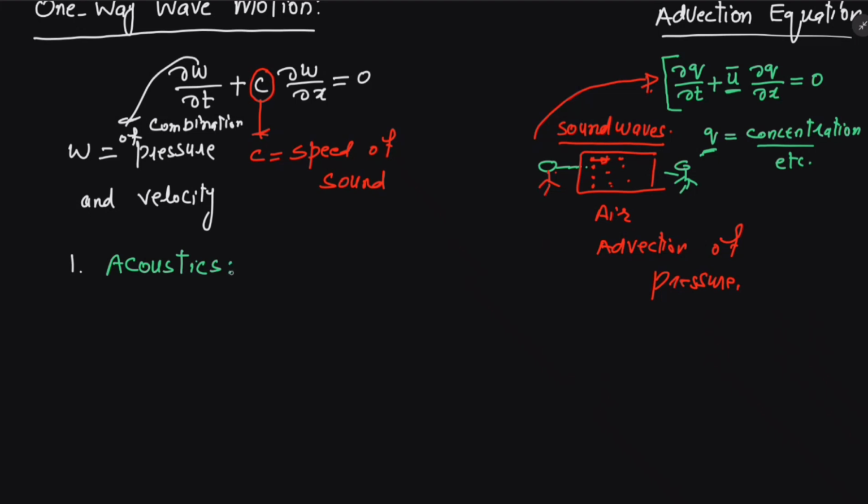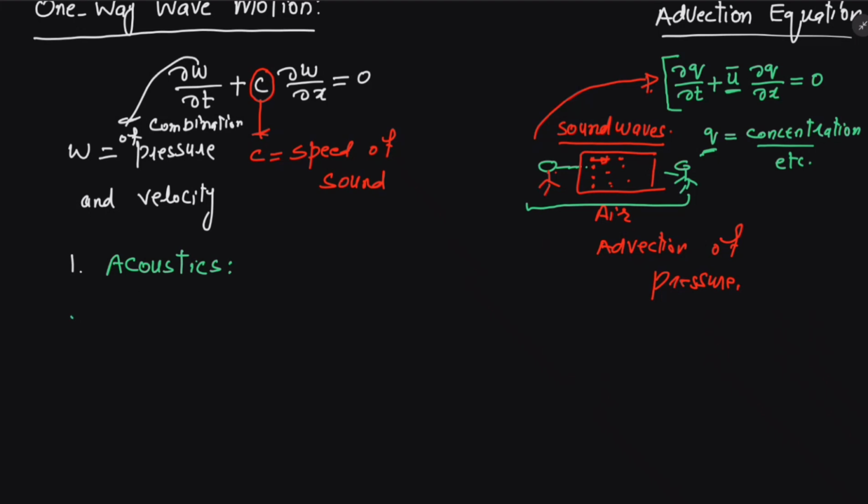So when there is a sound, there is acoustics. So what is acoustics? Acoustics is sound propagation in an underwater environment or through the atmosphere, like this phenomenon where one person speaks and another person listens. Then this is acoustics.